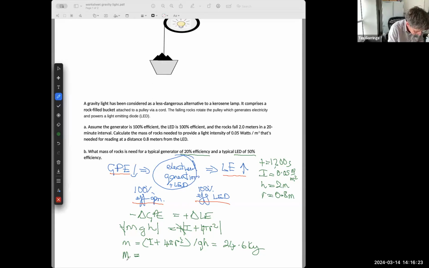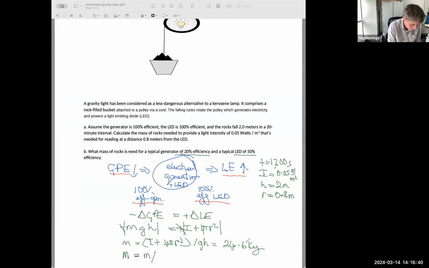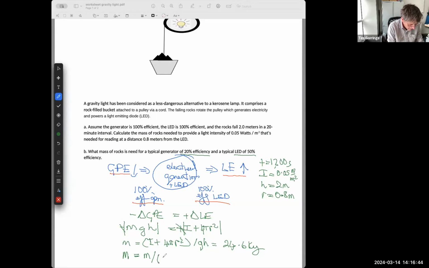The mass that we'll need for the real generator and the real LED is the mass for the perfect generator and perfect LED, so that's the mass we just calculated, 24.6 kilograms, divided by the efficiency of the generator and divided by the efficiency of the LED.